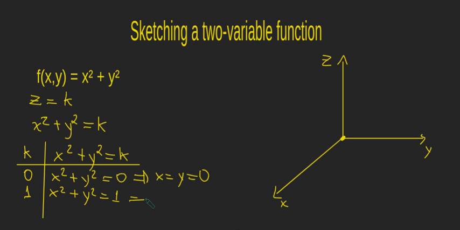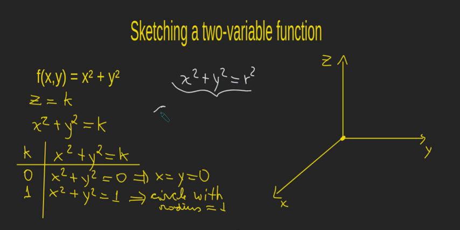This is a circle with radius 1, because remember, the expression of a circle is x squared plus y squared equals r squared, a circle centered at the origin with radius r. So here it is with radius 1.